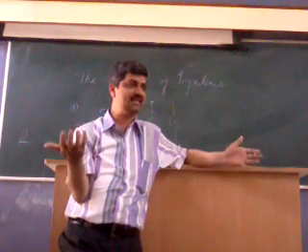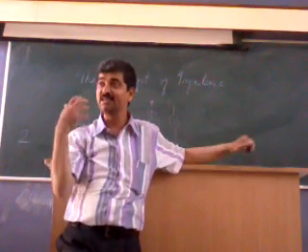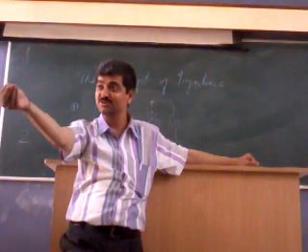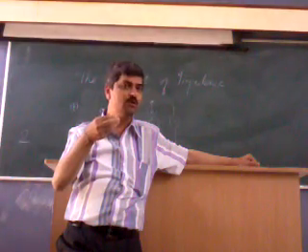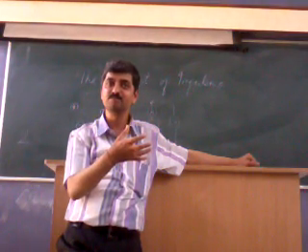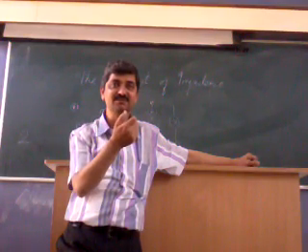Two masses attract each other by m1 m2 upon r square. So what should happen? What is the end result of gravitational force? Not collision. Singularity. What do you mean singularity?